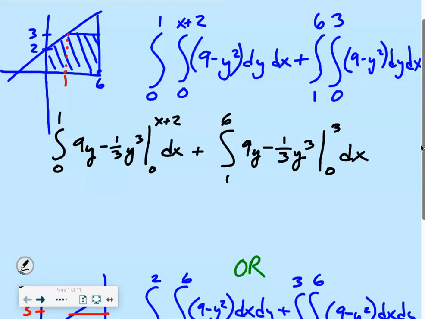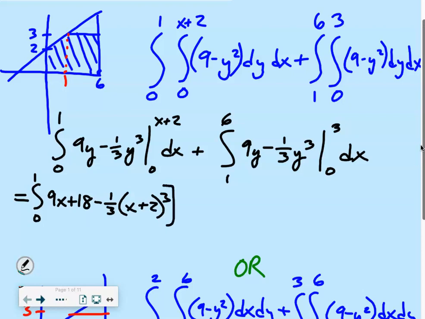Okay, we good so far? All right. So plugging in, we have 9x plus 18, just plug in the x plus 2 there, minus 1/3 times x plus 2 cubed, and then minus 0 is just 0.